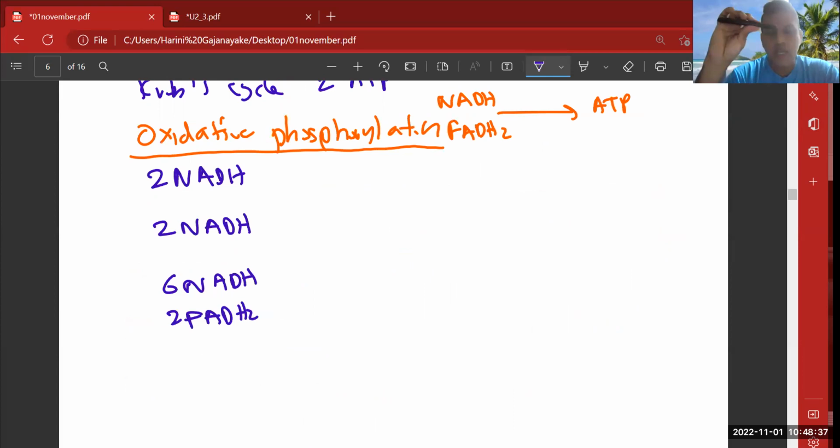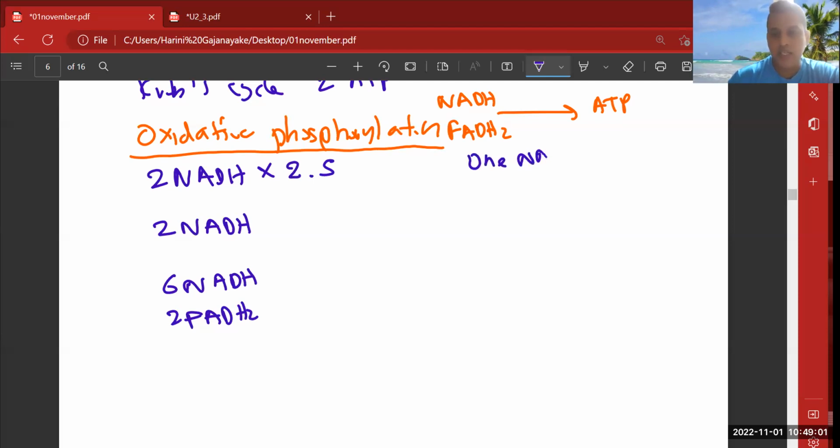The theoretical calculation is that 1 NADH molecule can make 2.5 ATP molecules. So then we have to multiply by 2.5. Why? We need this conversion.